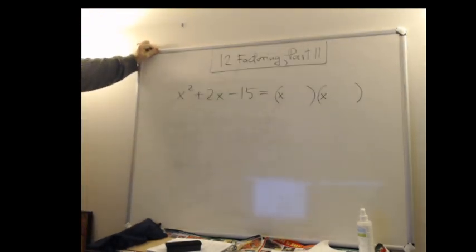At the same time, the sum must be 2. So since the product is negative, one of them is negative, one of them is positive, but the sum must be 2.